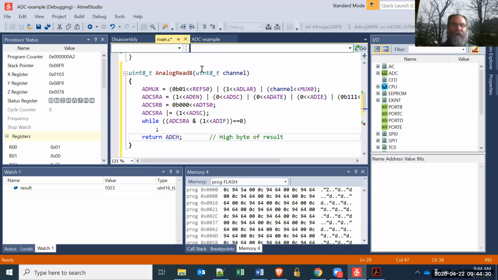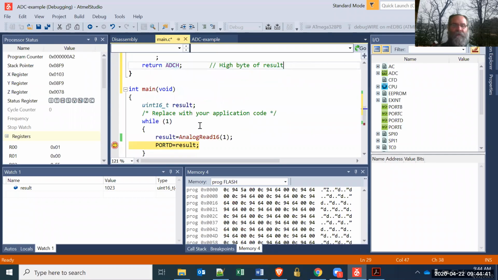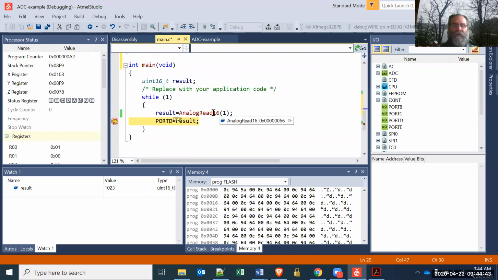Right now, if I use analog read 8, I should get a value between 0 and 255, 255 when it's full, 0 when it's all the way to the left. So let's come along here, change this to analog read 8. That's still the center potentiometer.